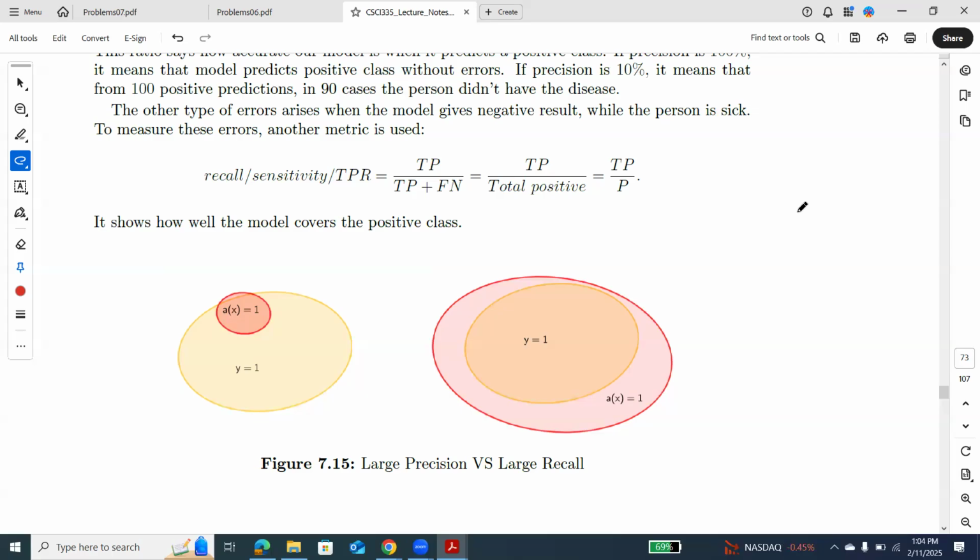Does it make sense? So now let's think about situations when we want to use precision and when we want to use recall. For example, if you develop a medical test, which situation is better if I want to detect a sick person?